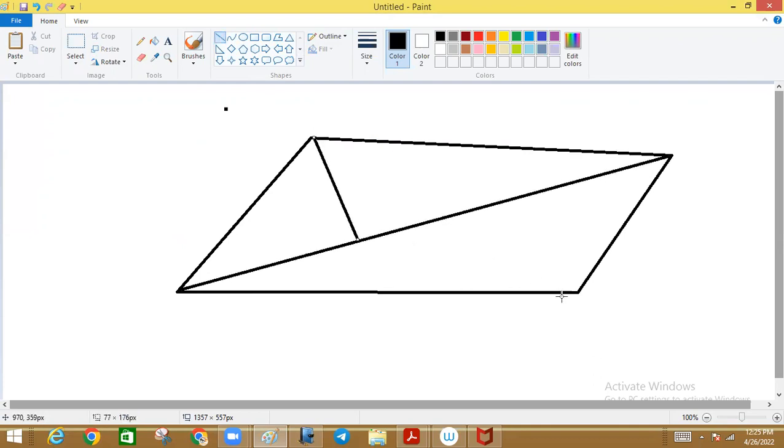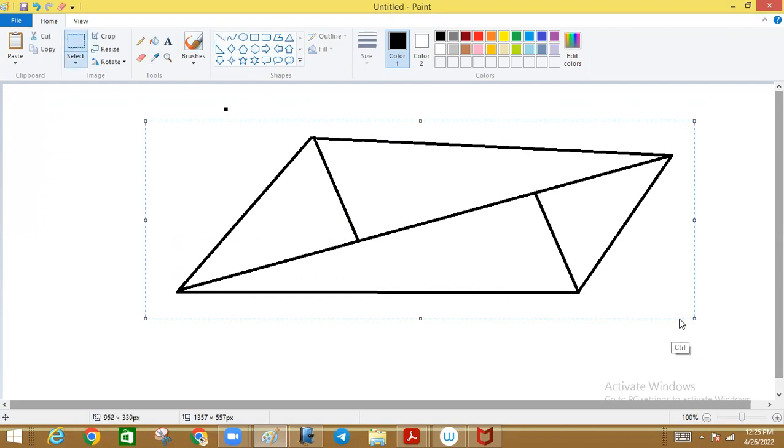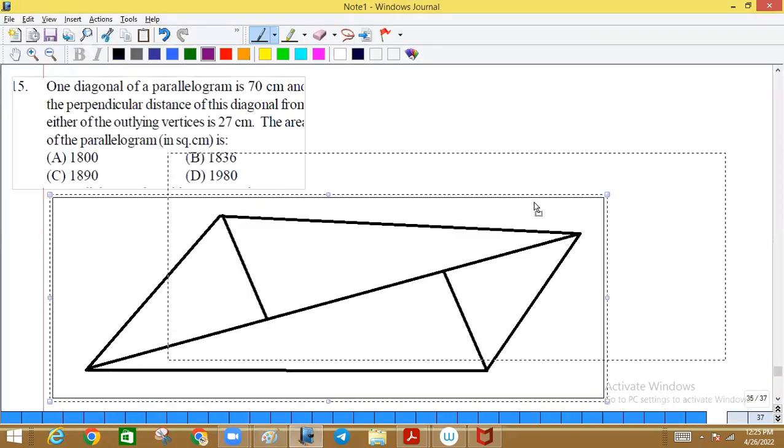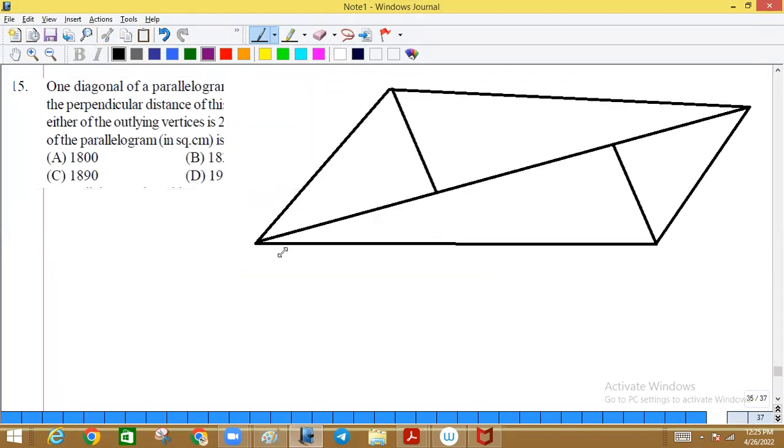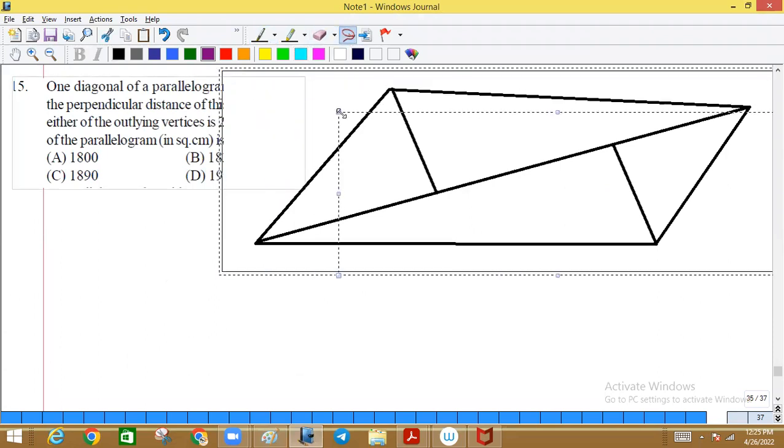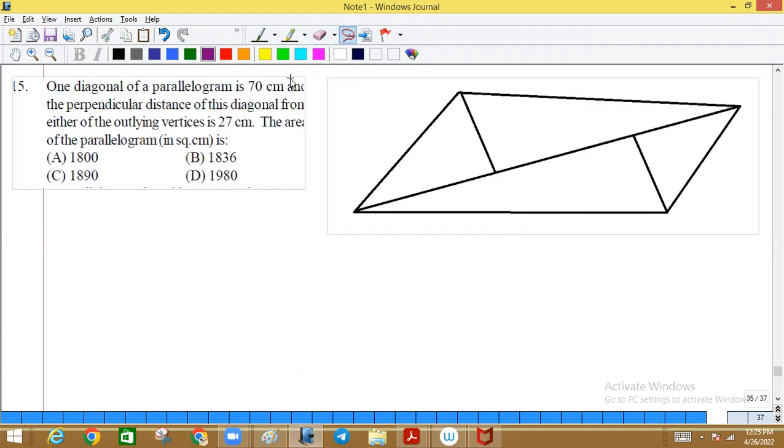Distance from outlying vertices. What is the diagonal? Diagonal is 70. Distance from outlying vertices is 27. There are two triangles.